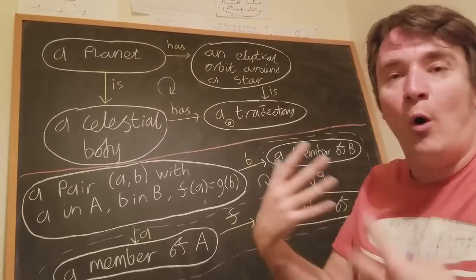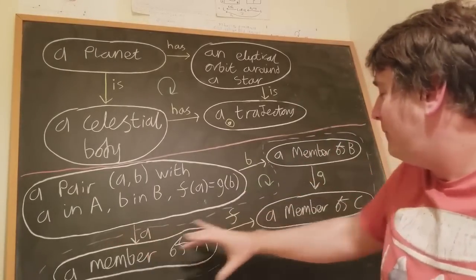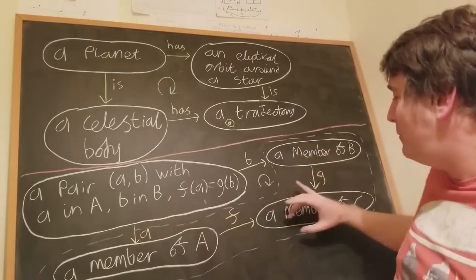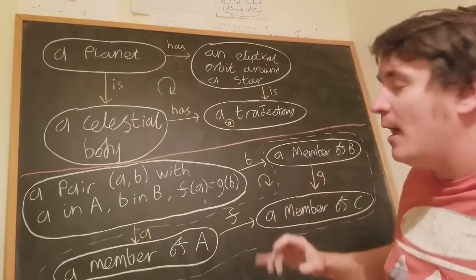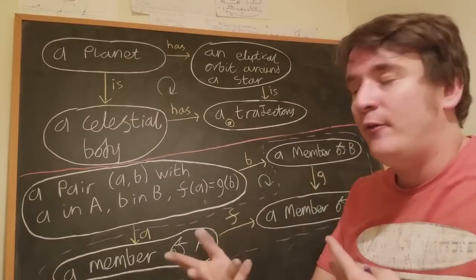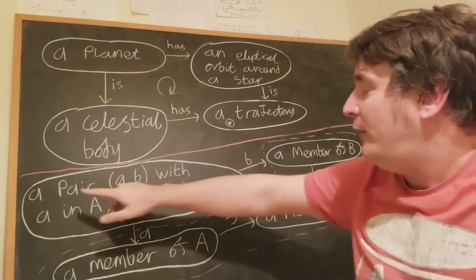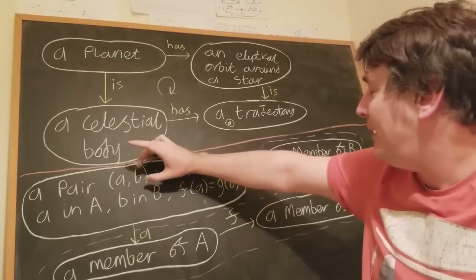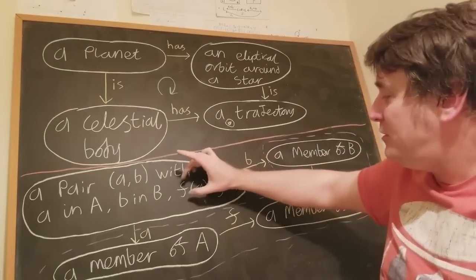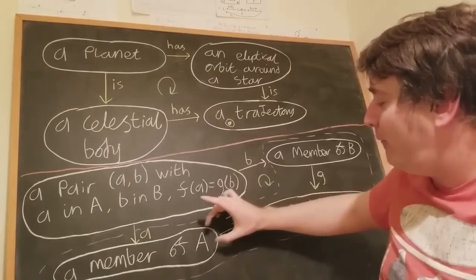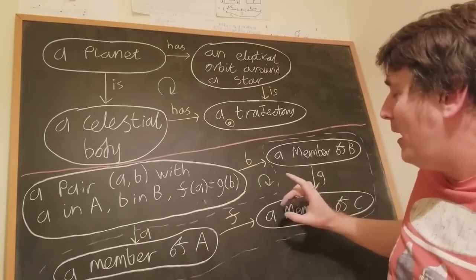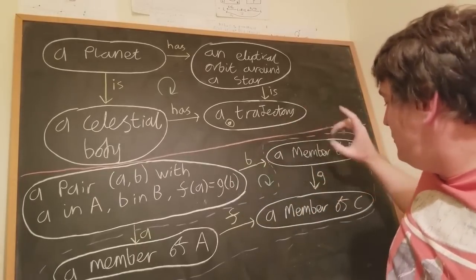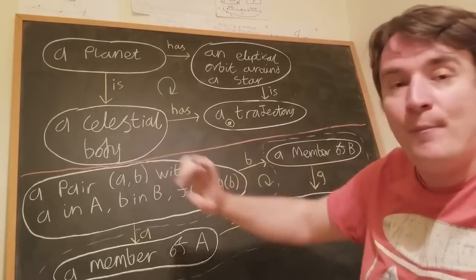Then we can ask, what is a pullback of this? What's a pullback of this part of our ontology log, these three objects and these two arrows? Essentially the answer is this: it's a set of pairs, and these pairs have their first entry from this set A and their second entry from this set B, and they have the feature that if we do this function f on the first entry, we get the same answer in C as we do if we do this function g on the second entry of our pair.